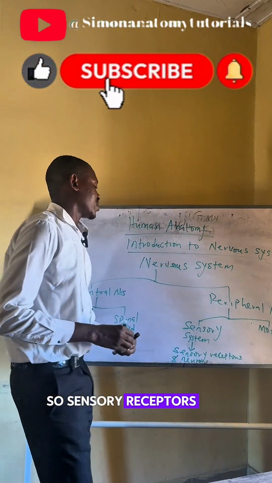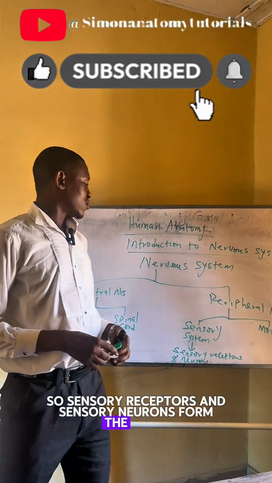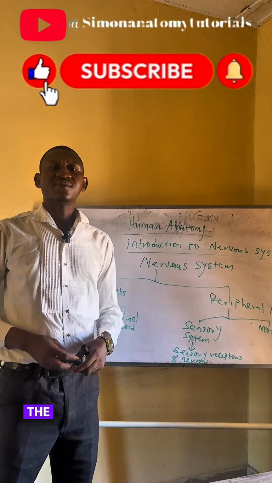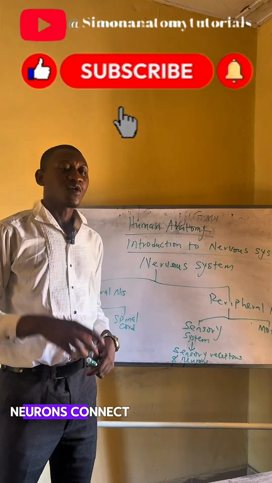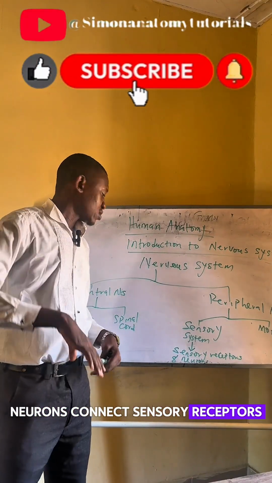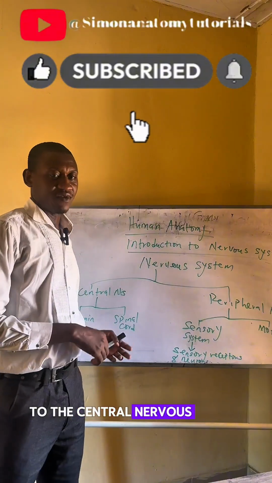So sensory receptors and sensory neurons form the sensory system. The sensory neurons connect sensory receptors to the central nervous system.